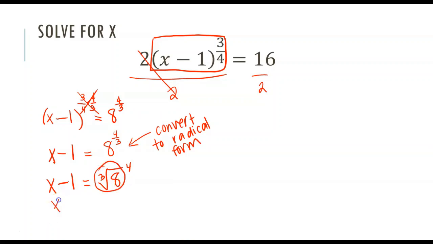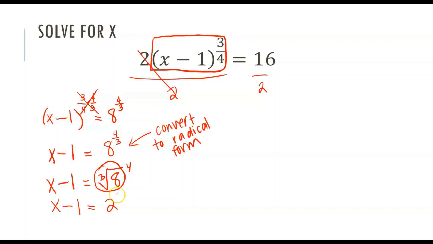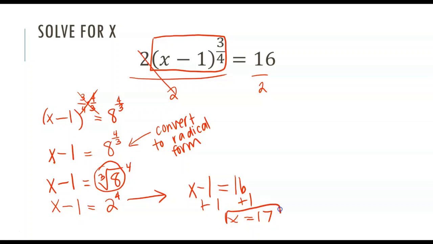So I have x minus 1 equals the cube root of 8, which is just 2. 2 times 2 times 2 equals 8. And then raise that to the 4th power. So this says x minus 1 equals 2 to the 4th, which is 16. I'm almost done. I just got to add 1 to each side and get x equals 17. That is my final answer.